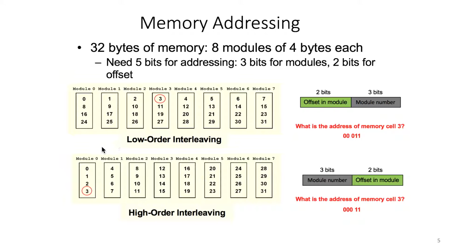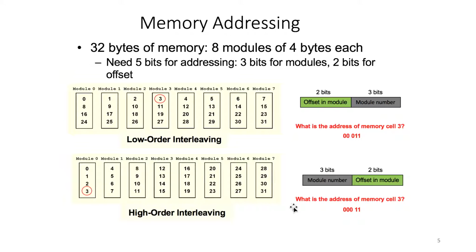But now you can see that the locations of the memory are numbered differently. For example, module 0 now has the locations 0 1 2 3, and module 1 has 4 5 6 7, and so on. In total we still have 32 locations or addresses of the memory.